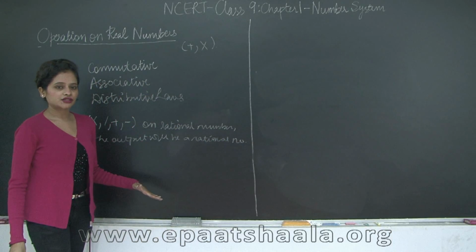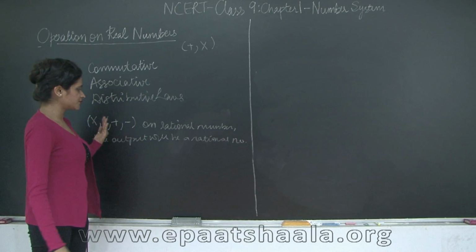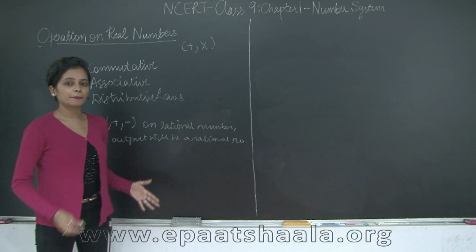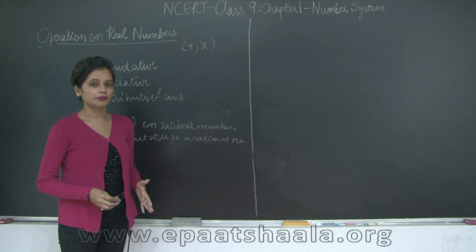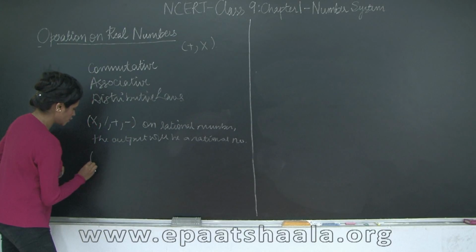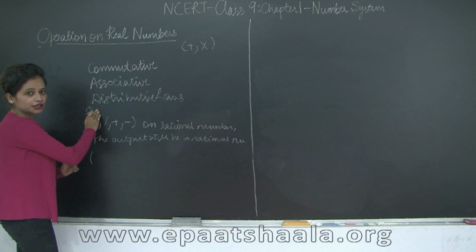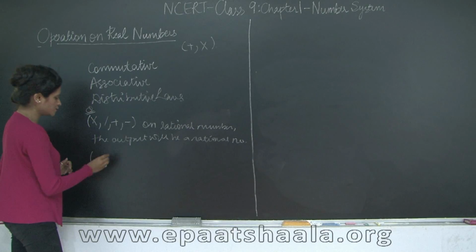So this was about rational numbers. How about irrational numbers? In case of irrational numbers, if you are using these four signs, then the output may or may not be an irrational number. So it could be either a rational number or an irrational number. So this was for rational numbers. Rational numbers are denoted by Q, which is why I have written Q.